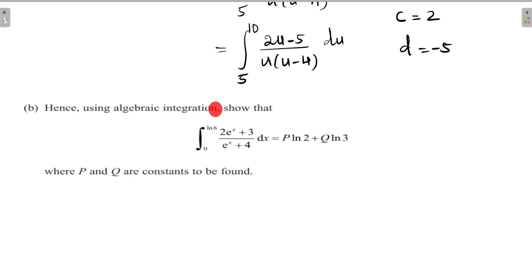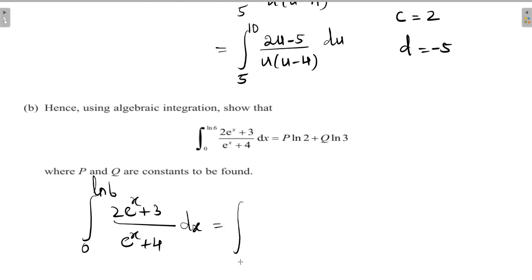Hence, using algebraic integration, show that this integration is P ln 2 plus Q ln 3. This integration we have written everything in terms of u. So, integral 0 to ln 6 2 e power x plus 3 by e power x plus 4 into dx is equal to integral 5 to 10 2u minus 5 by u into u minus 4 into du.